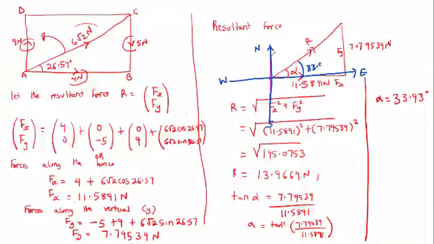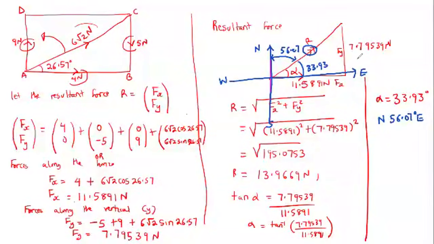But when I'm giving direction, I can give this direction here. So I will say 90 minus 33.93, which is 56.07. When I'm giving a bearing, I will start from north, 56.07 degrees towards the east, because that is where your resultant is acting.